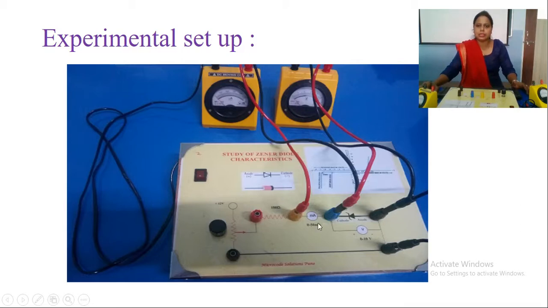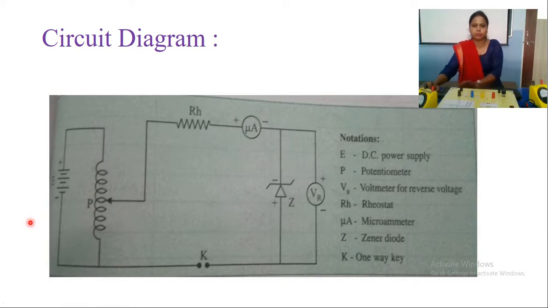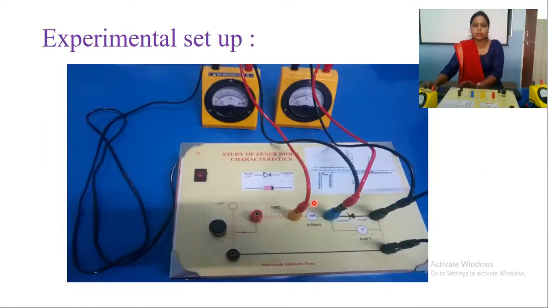As you can see, this is milliammeter. Dotted lines are here. What I will do, I'll just connect the microammeter in this gap. So as you can see, this is the positive terminal, this is the negative terminal. So what I will do, I'll just connect positive terminal here. Red means positive and negative terminal will be connected here.